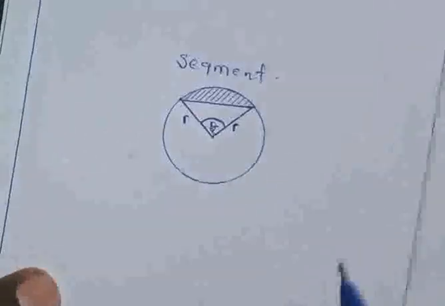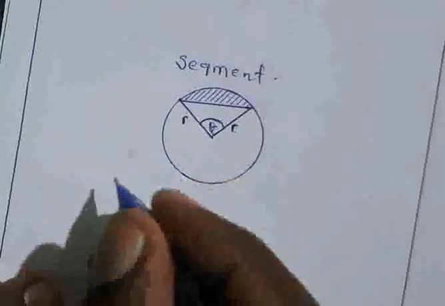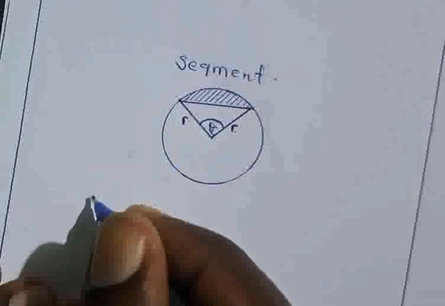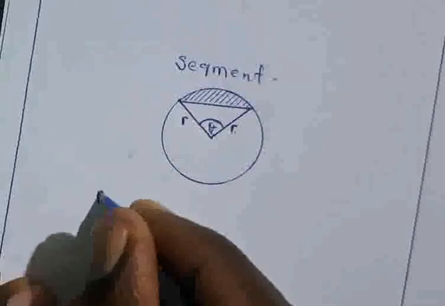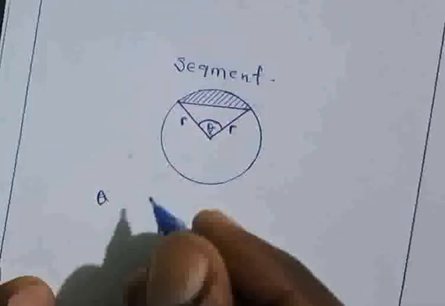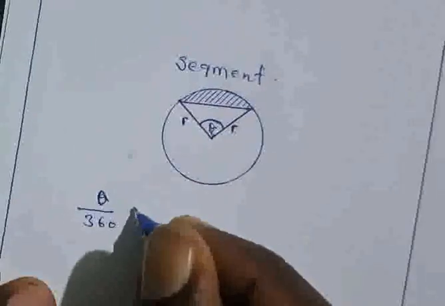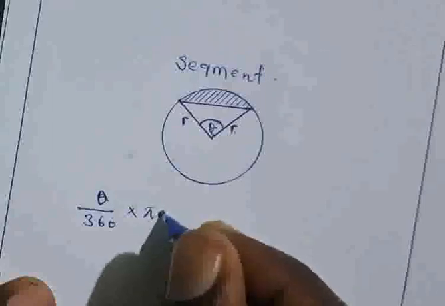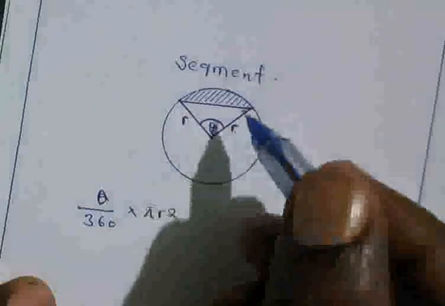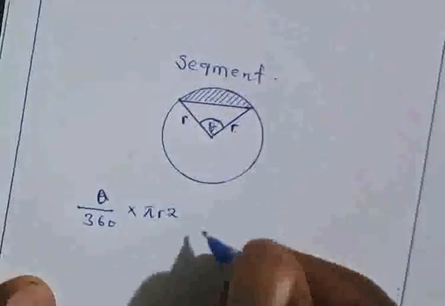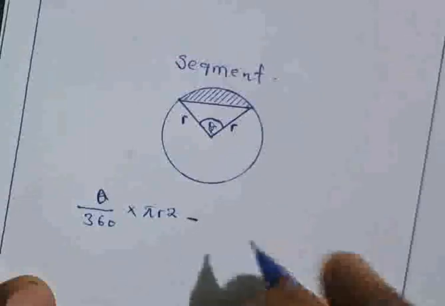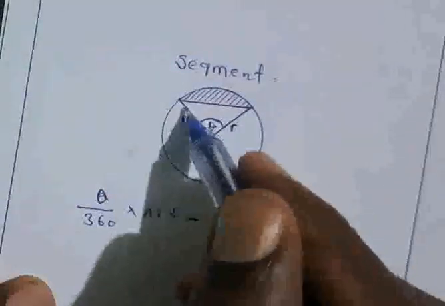So the area of a sector, we said, is theta over 360 times pi r squared. Then after finding this, we say minus the area of this triangle here.